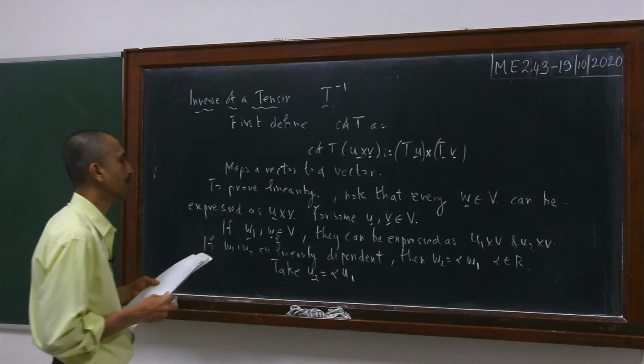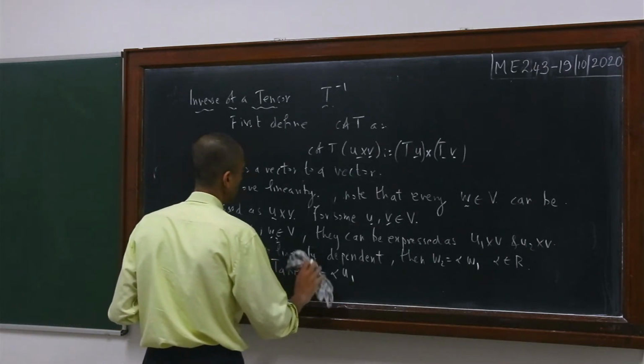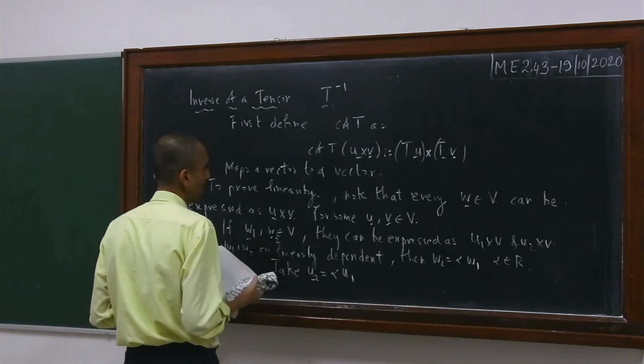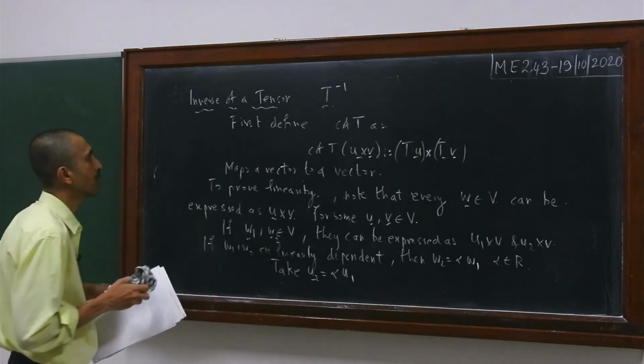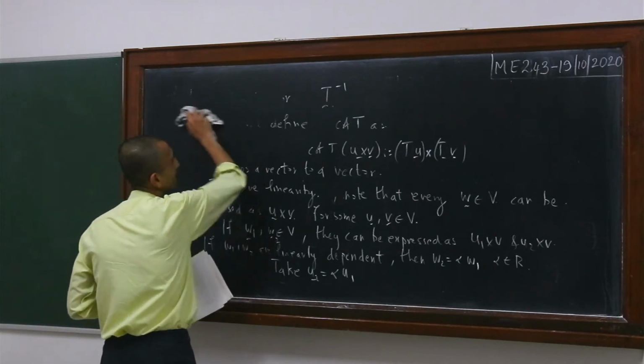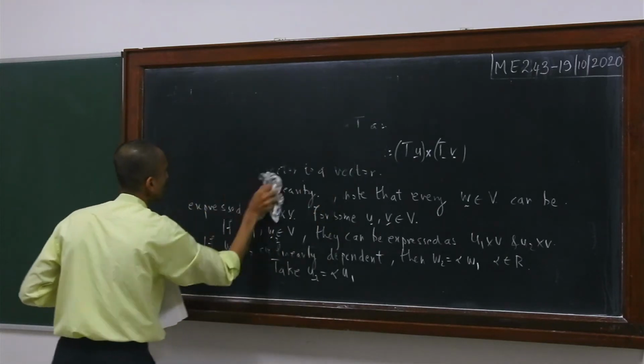Okay. So as I said, the part of this proof where W1 and W2 are linearly independent is not so trivial. So let us look at that particular part now.